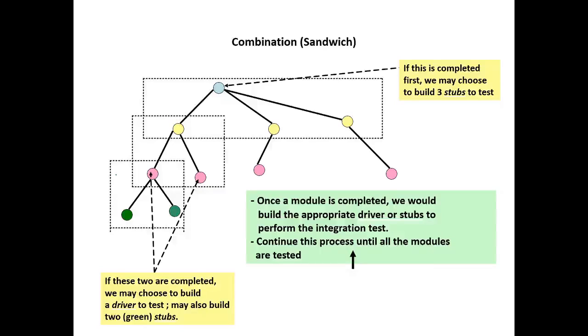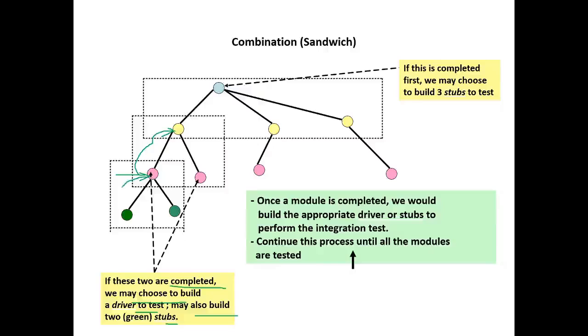You can see in this diagram, if these two bottom level modules are ready for testing, then we use drivers for upstream connectivity, so that for temporary purposes it can call the methods of that particular module. If these two are completed, we may choose to build a driver to test, and may also build two stubs.